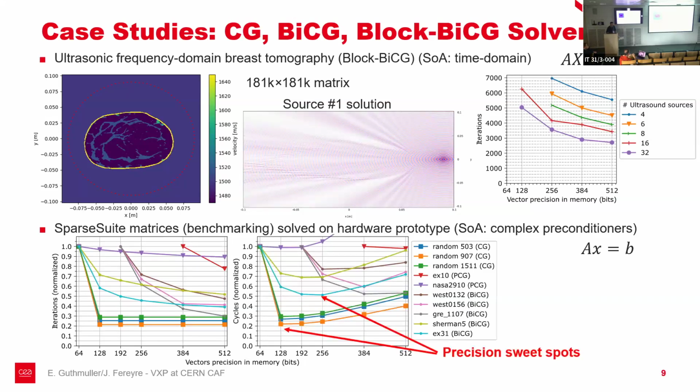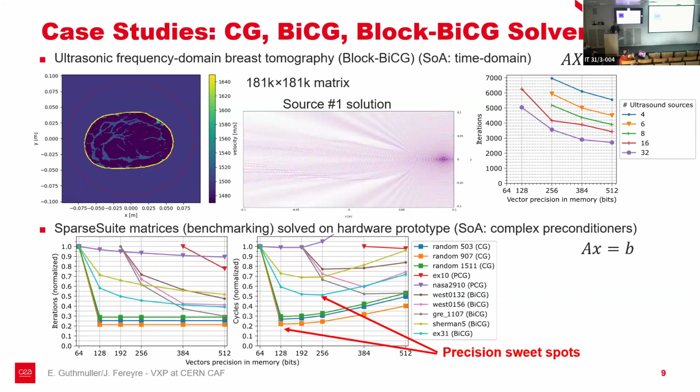Up until now, we only spoke about iteration number. What does it mean for the execution time? Again, running on our hardware prototype, what is interesting is our hardware goes slower when you increase the precision. So you reach some trade-offs. You have competing effects here.